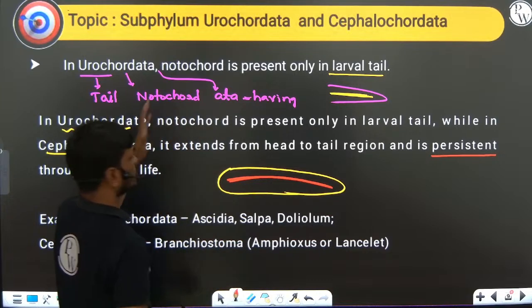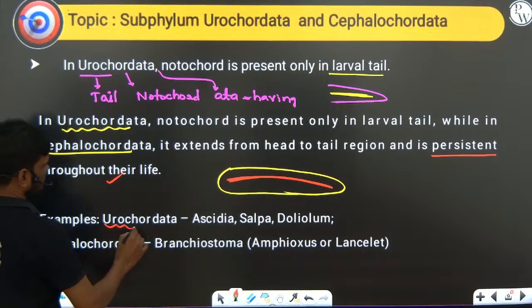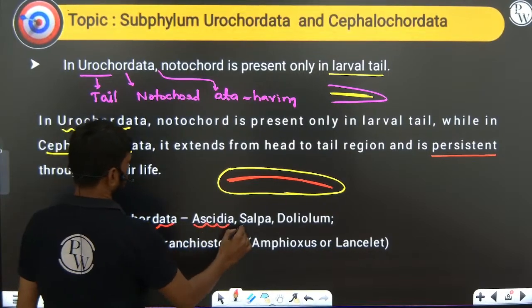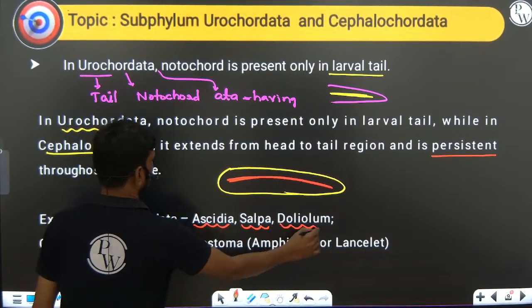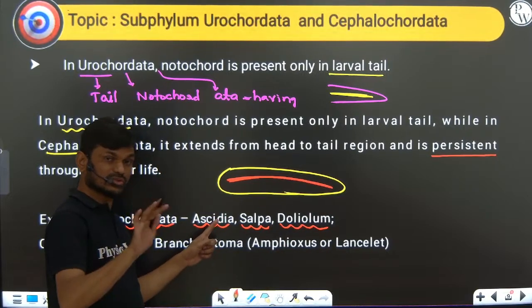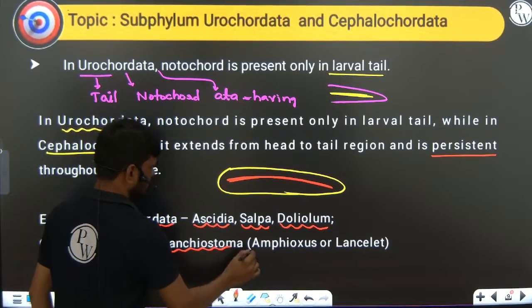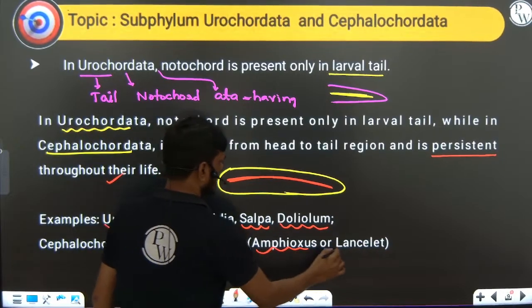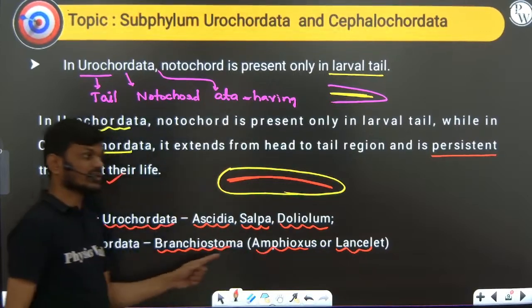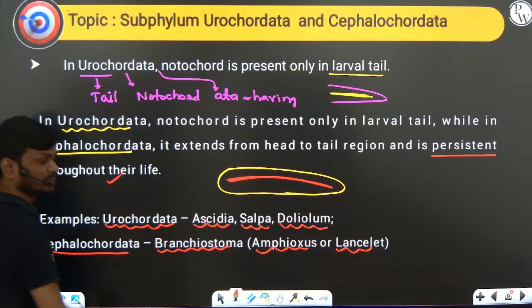That is Urochordata. Examples are Ascidia, Salpa, Doliolum. These examples you must remember. And Branchiostoma, that is Amphioxus or Lancelet, is an example for Cephalochordata.